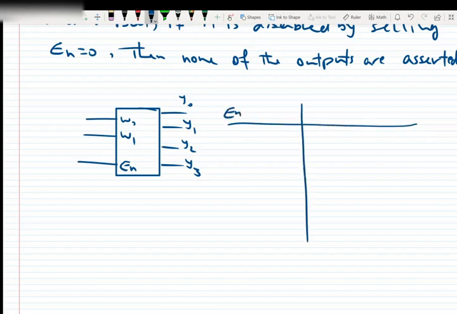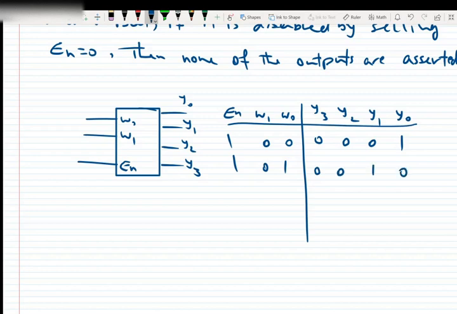We should add enable as one of the inputs, with W1, W0, and Y3, Y2, Y1, Y0. If enable is 1 and W1 W0 are 0 0, we will have 0 0 0 1. If 0 1, 0 0 1 0. If 1 0, 0 1 0 0.